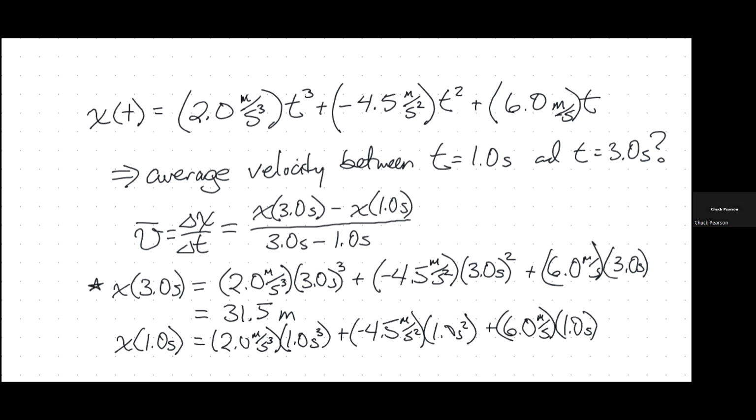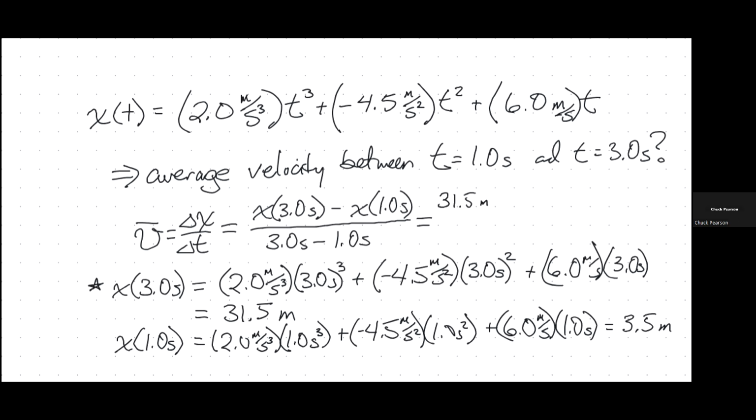And that is 2 plus 6 minus 4.5. Well, that looks like 3.5 to me. Let me double check that. Yeah, 3.5.